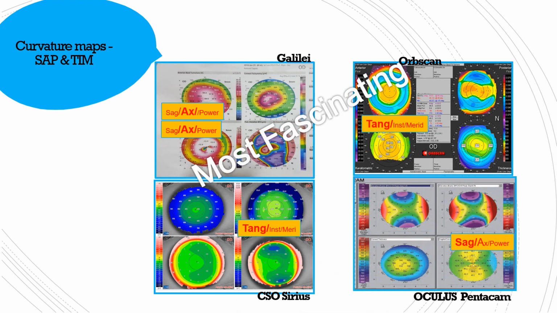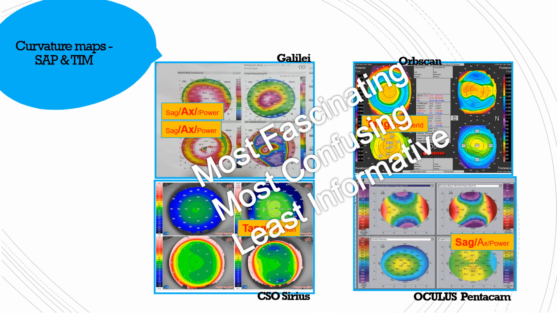these maps are most fascinating. You can spend hours and hours and days to study them, and the result will be nil. They are most confusing. They don't give you the final diagnosis, and then the final diagnosis will have to be confirmed by the pachy or elevation map, so they confuse you. They are least informative.